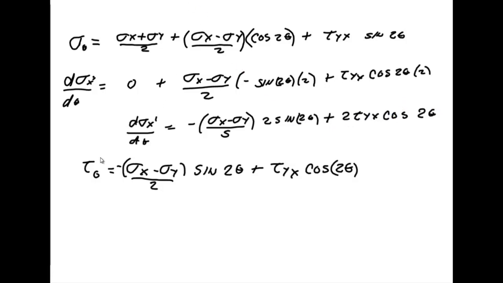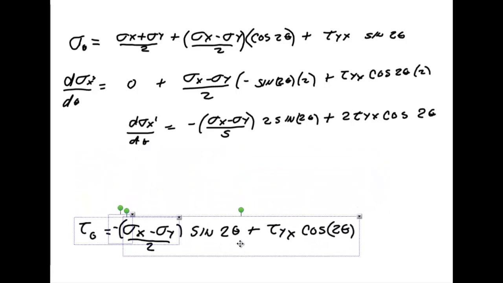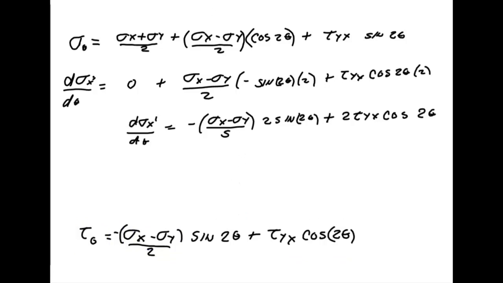Now let me go ahead and move this down here. Okay, so come back again, and what we're going to do here is take this and set it equal to 0. So let's say 0 is equal to negative. And that was supposed to be a 2. It doesn't look like a 2, does it?